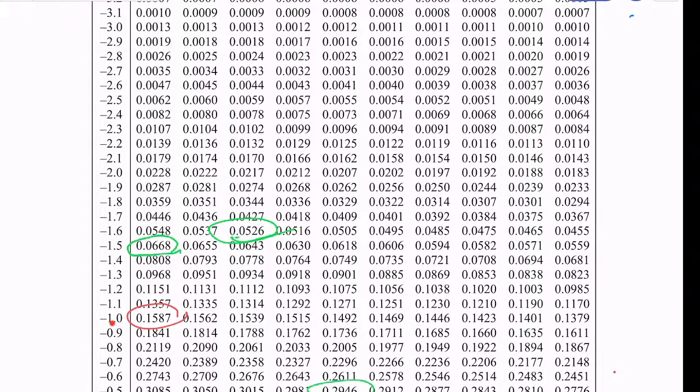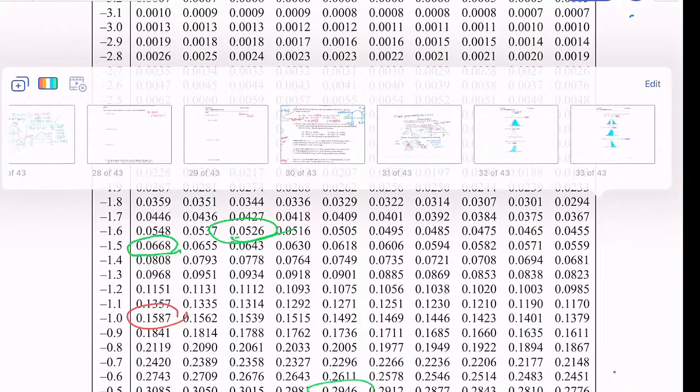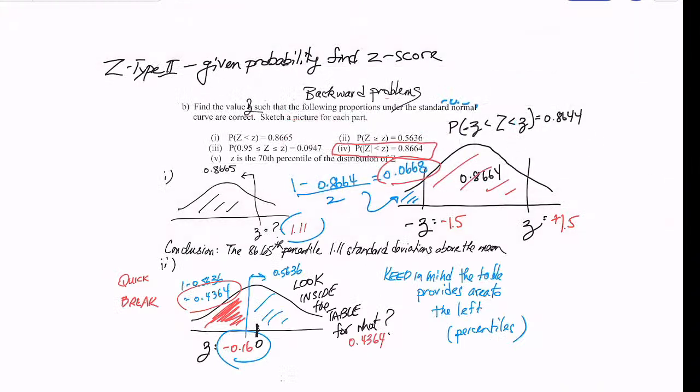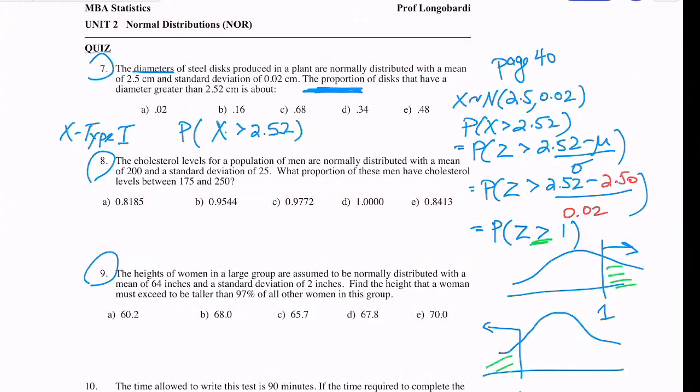That's almost 16%, 0.1587. Everyone okay with that? So this turns out to be 0.1587. So it should be the case that this tail, or this side, should also be 0.1587.